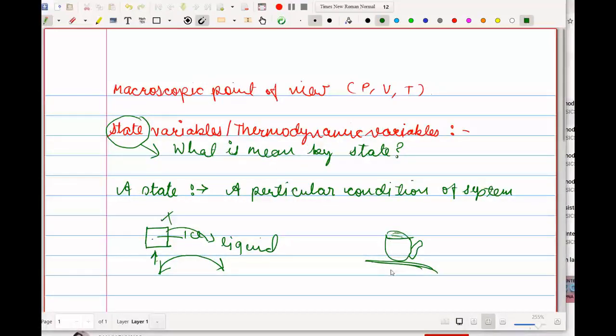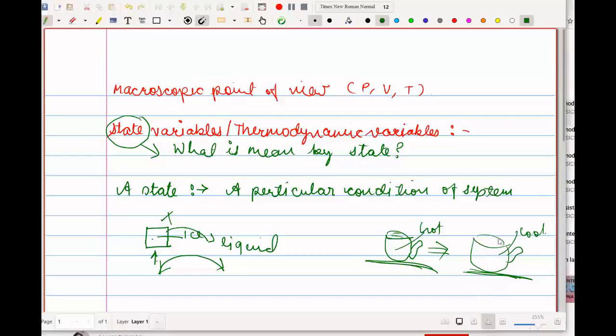Initially you poured some coffee inside the cup and the coffee was really hot. After some time you see that the cup of coffee is cold. Here it is hot and here it is cold.